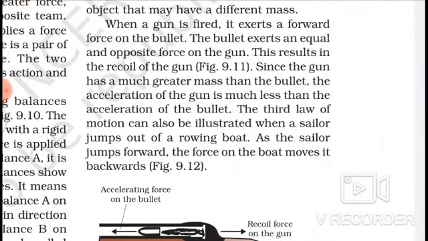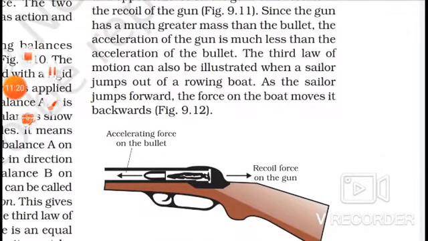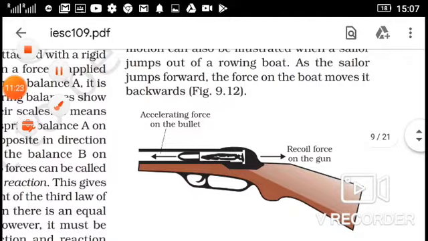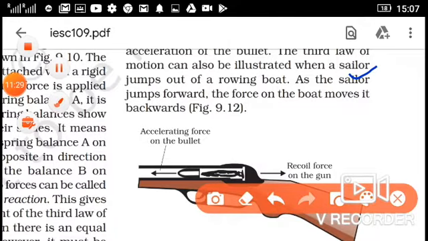The third law of motion can also be illustrated when a sailor jumps out of a rowing boat. As the sailor jumps forward, the force on the boat moves it backward.